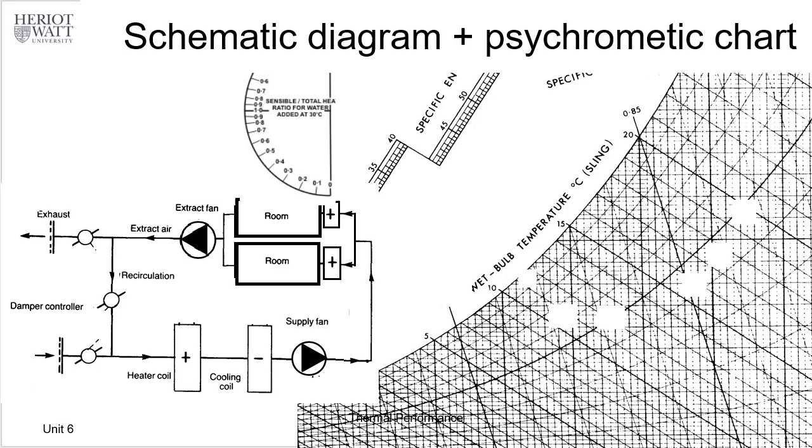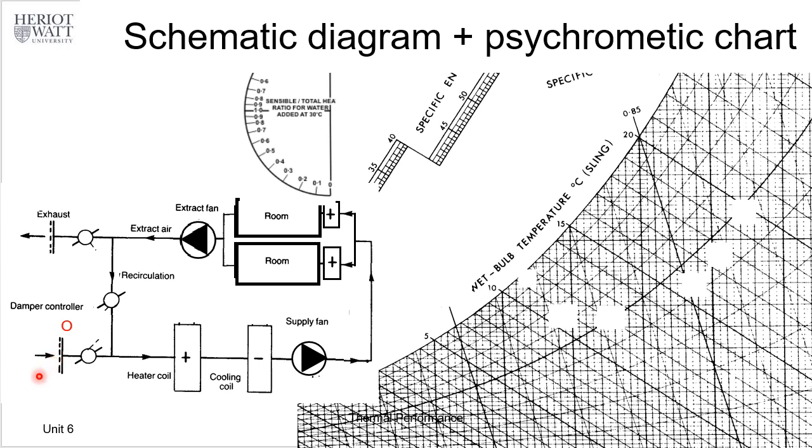Now, let's look at how we work on the two diagrams, one the schematic diagram and the other the psychrometric chart. As we said earlier, the first step is to analyze the outdoor conditions. Suppose we have already got the outdoor design conditions and we have already determined the indoor conditions. Therefore, these two states can be marked out first.